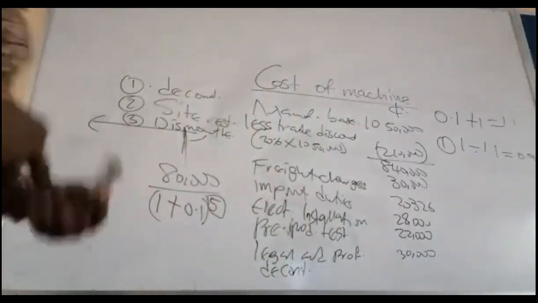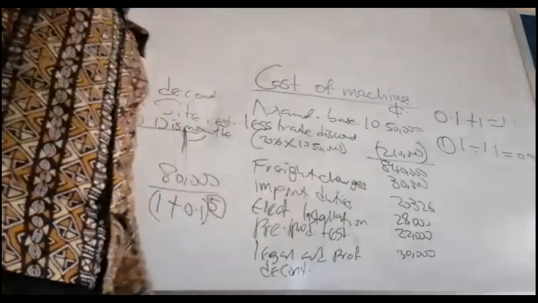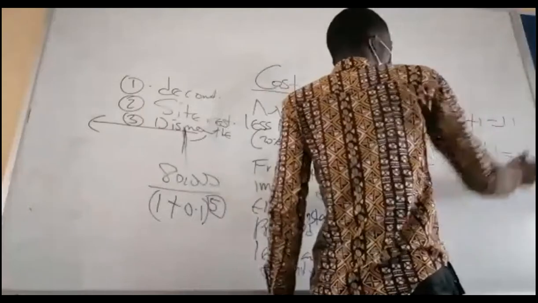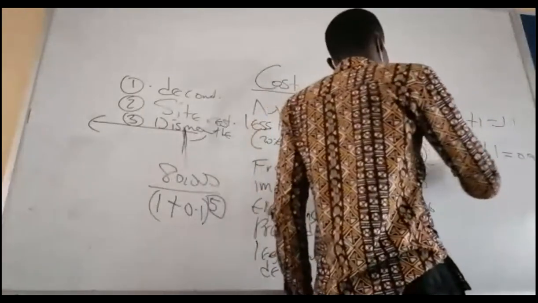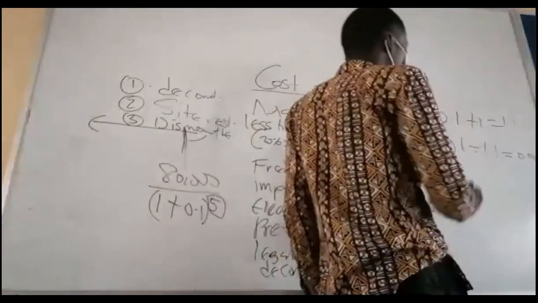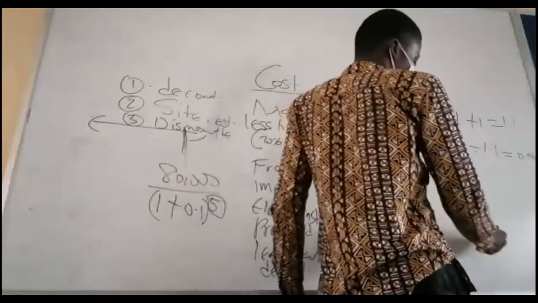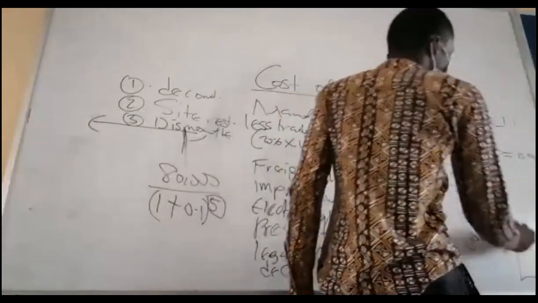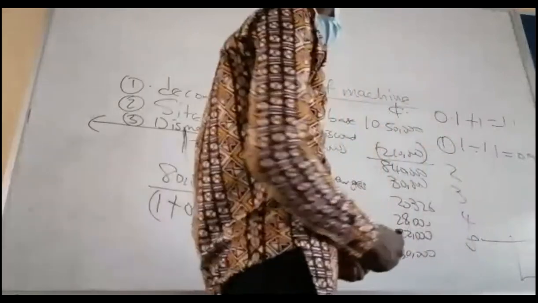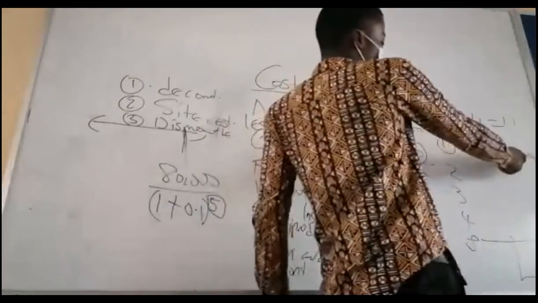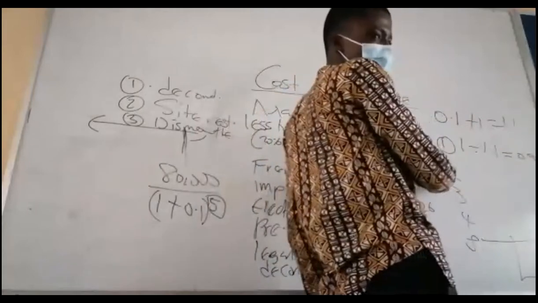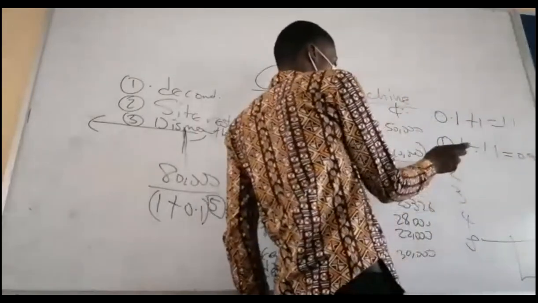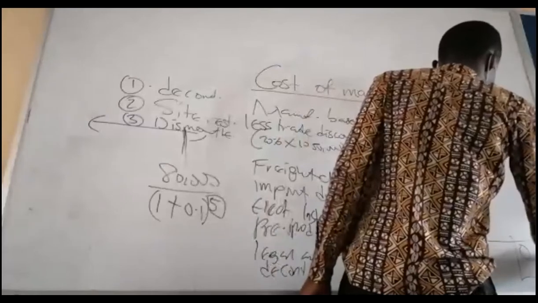1, 2, 3, 4. So if you're using the Casio type of calculator, after this answer, just hit the equal to. The next hit will give you year 2, another one will give you year 3, year 4, and year 5. Rounded to 3 decimal places, it gives you 0.621.